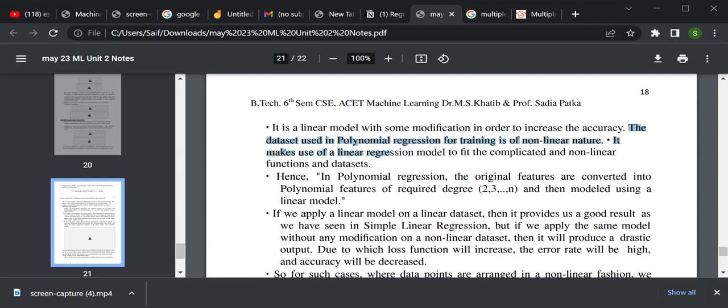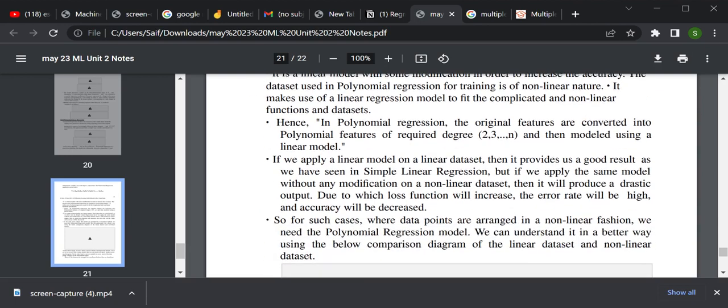The dataset used in polynomial regression for training is of non-linear nature. It makes use of the linear regression model to fit complicated and non-linear functions and datasets. We train this regression model on a non-linear dataset, where simple linear regression was a failure.